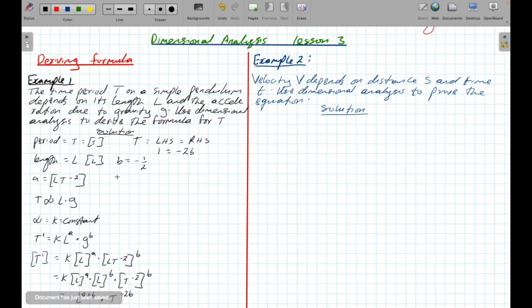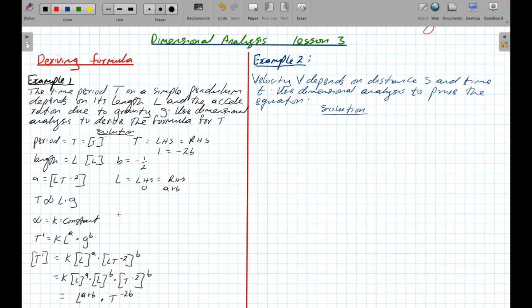Equating the power of L, the power of L on the left hand side is equal to 0, and the power of L on the right hand side is given to be a plus b.